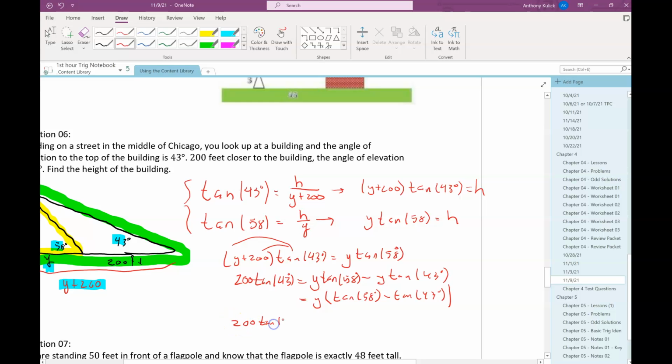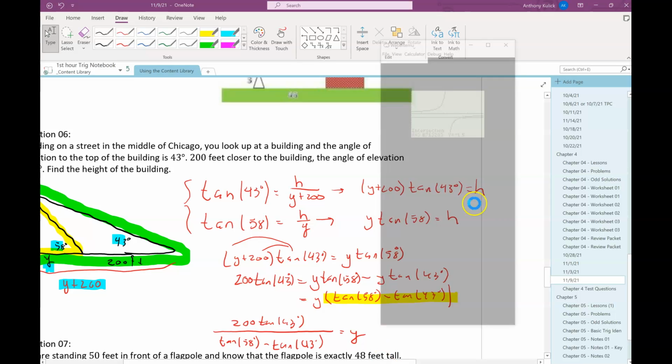At the end of the day, I just neglected to write that other side because I was being a little bit lazy, but that's okay because it's still the same thing as before. So I have that y is equal to that. I just divided both sides by this quantity.